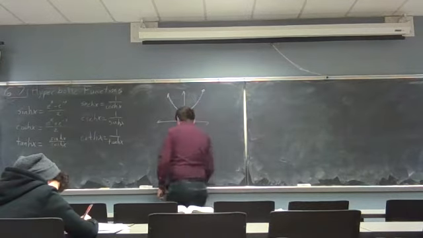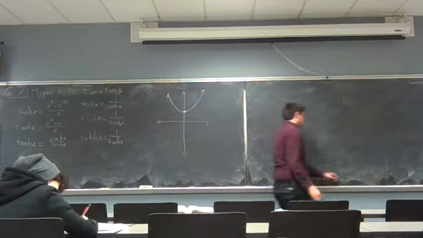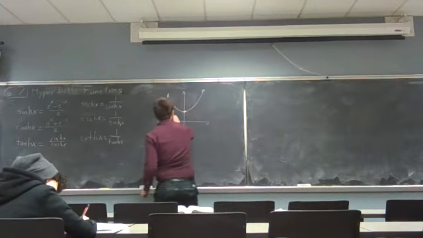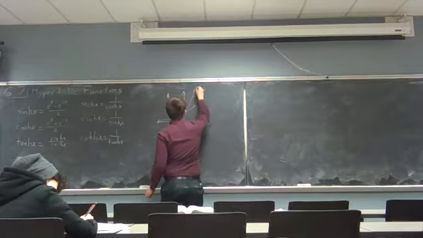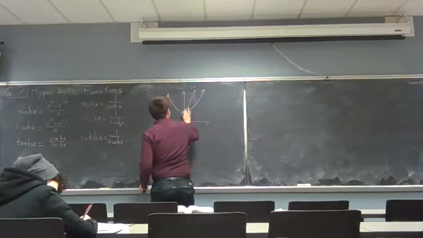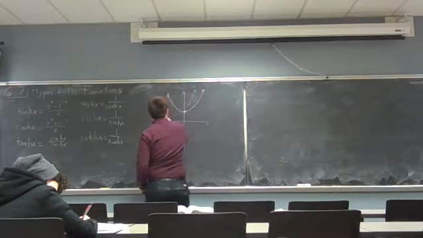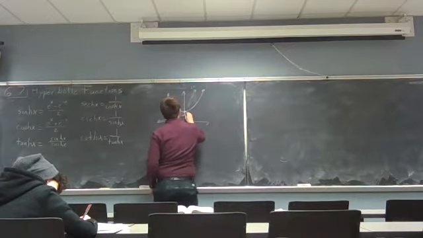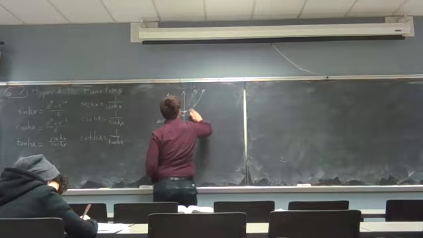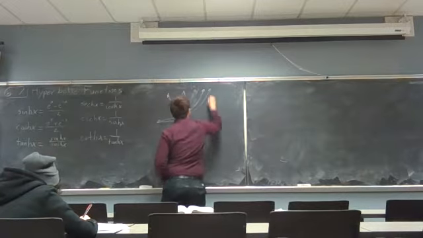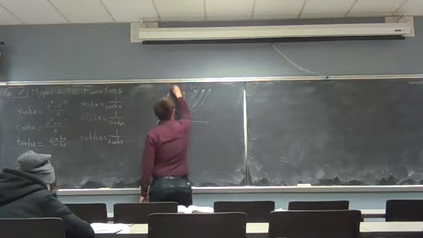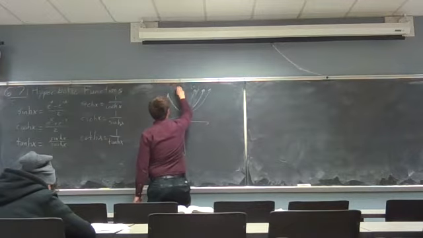This kind of makes sense, and the book demonstrates it a little bit. Maybe I'll do that as well. Say this is 1/2 e to the x, and this is 1/2 e to the negative x.